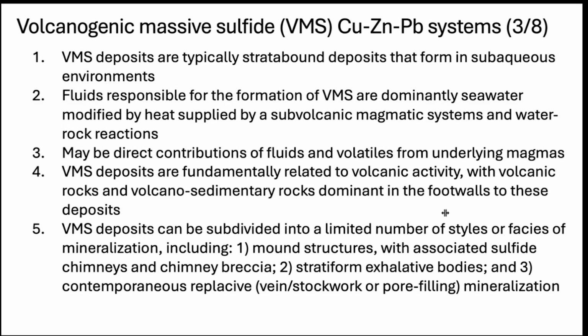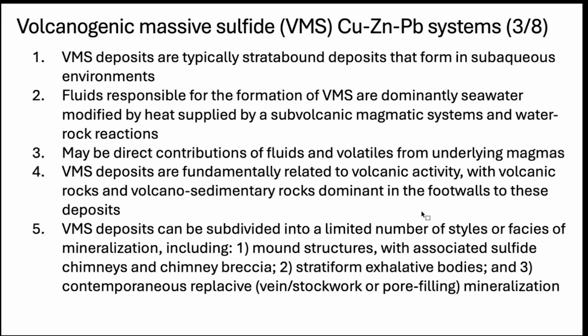Although there are various people who feel more or less strongly about whether magmatic volatiles are actually important in giving the metal endowment of VMS deposits. Some people have modeled that you can get all the metals in a VMS through water-rock interaction, through seawater interacting with the volcanic rocks through which it flows. And others have said that no, you need to have magmatic volatiles being degassed directly from the magma chamber. It's an interesting question.